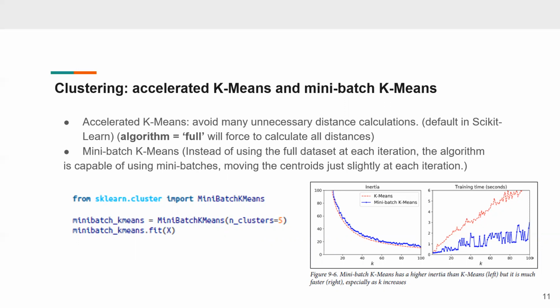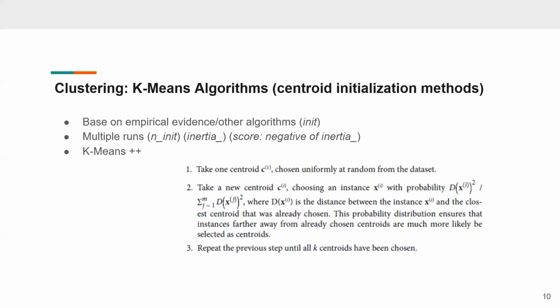But specifically for k-means, you try to avoid many unnecessary distance calculations so that you could accelerate your k-means methodology. The default is that you don't need to calculate all the distances, just because of their location, right? If you go back, how does it work?